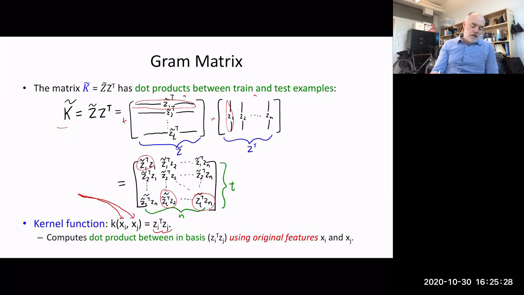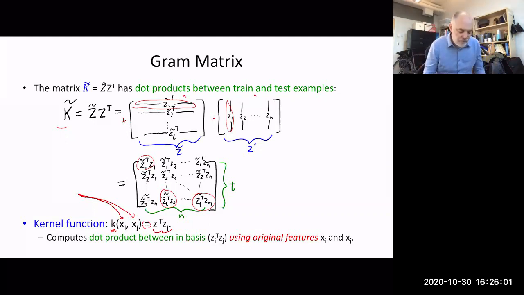I want to be as clear as I can be here. We're saying that there is some magic function, this kernel function, which will give us the same value as this inner product. Obviously this function doesn't have Zi's as an input, so maybe we should say these are equivalent.